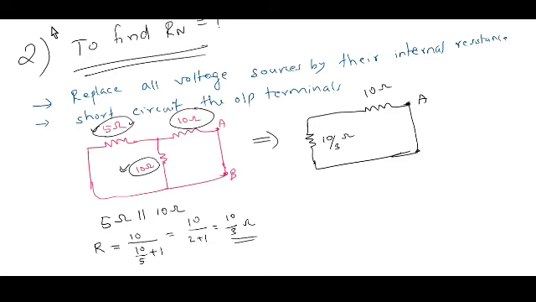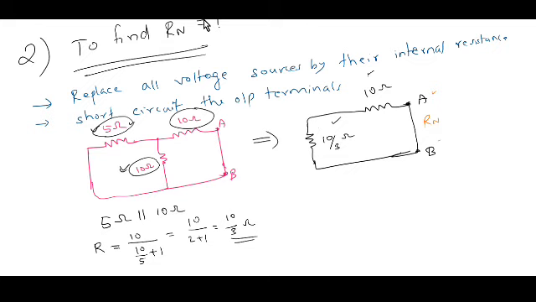This is A and this is B. Fine. Now this 10 ohm resistance is in series with the 10 by 3 ohm resistance. Therefore, whatever the resistance is coming between this terminal A and B, that resistance is our Norton resistance.